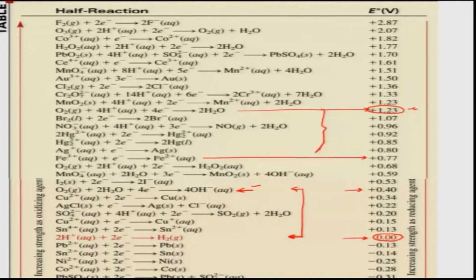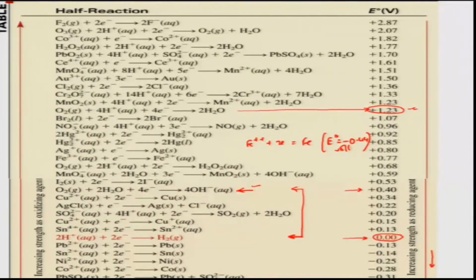Let me note it down here itself. If we see Fe2+ plus 2e equal to Fe, the standard reduction potential is minus 0.44 volt. So, it is lying below hydrogen.